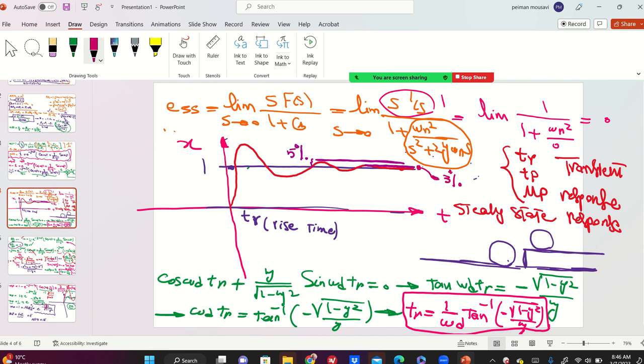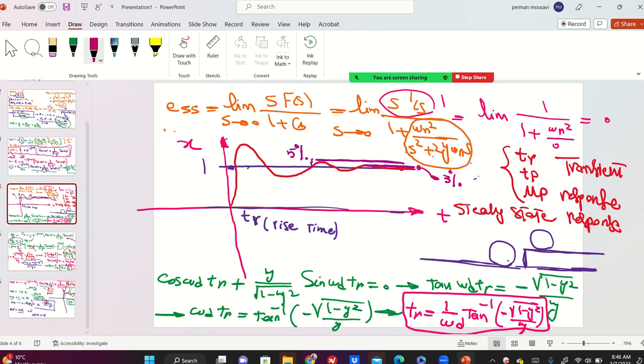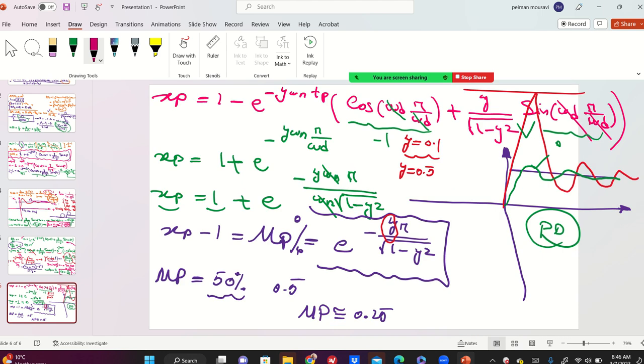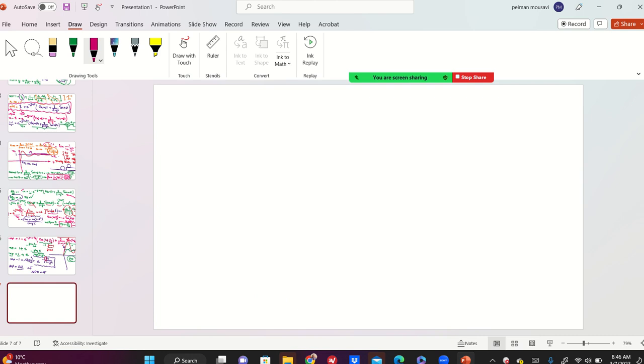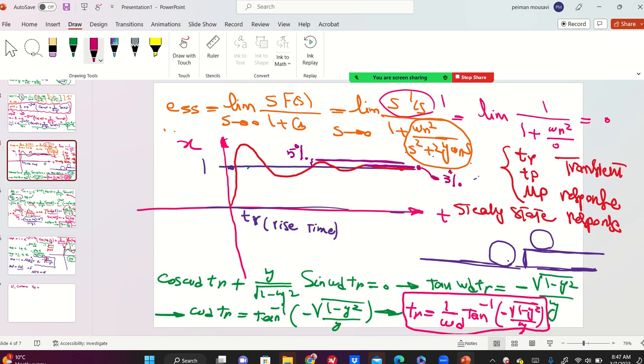Okay, I'm skipping the math because it's going to teach you the manifold, this kind of thing. So for the 5% criteria, we name it TS, the settling time, you see that in this graph it has a larger value, that's right.